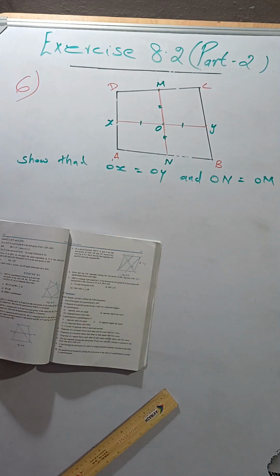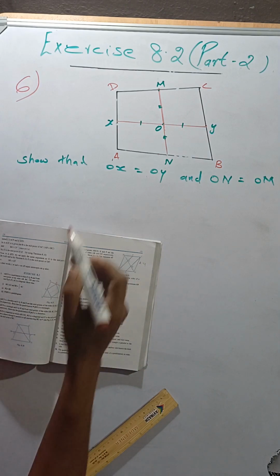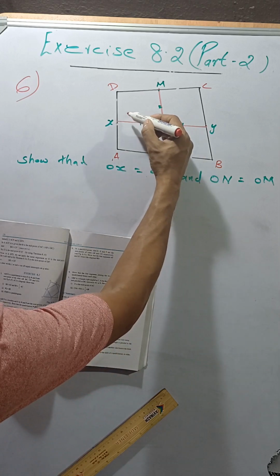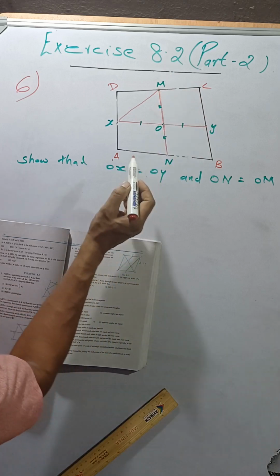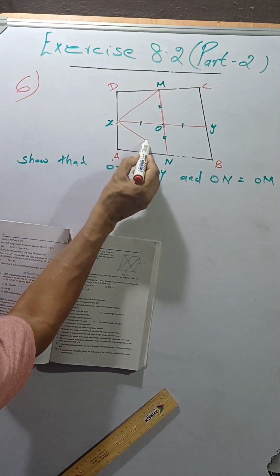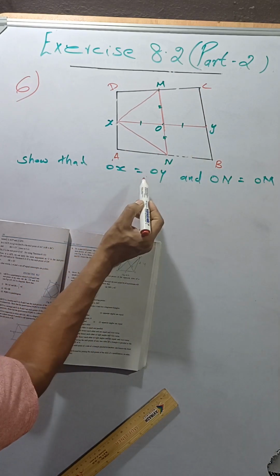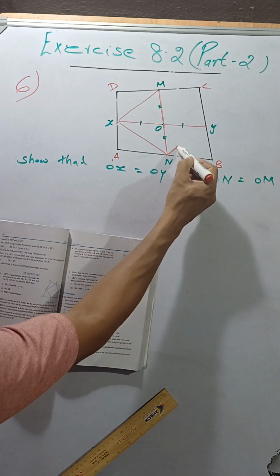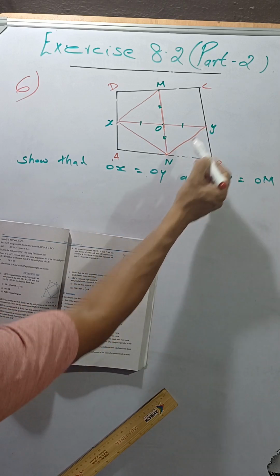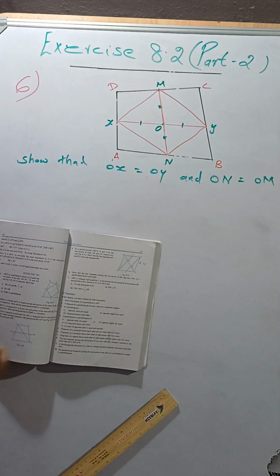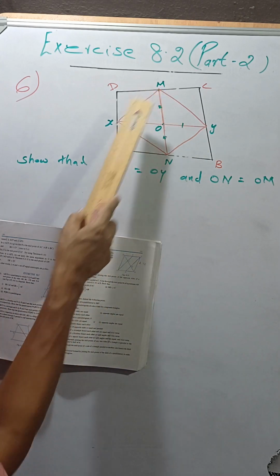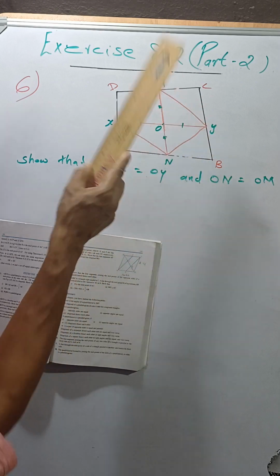Here we have to do some construction. First let us join XM and XN, NY, and now look here, this is a quadrilateral XNYM.